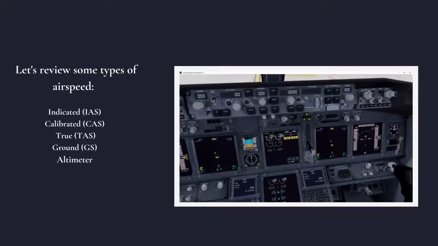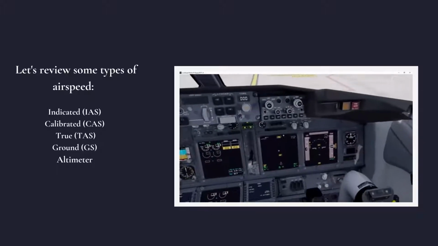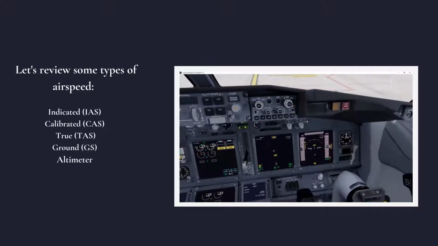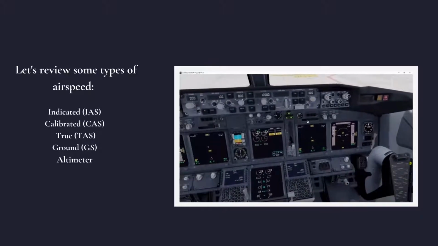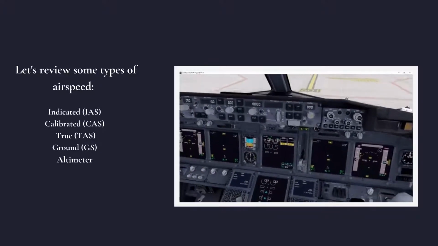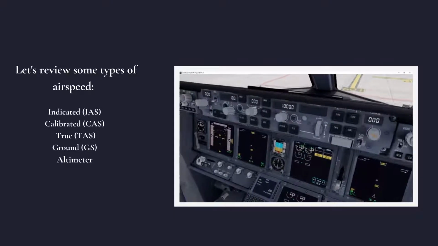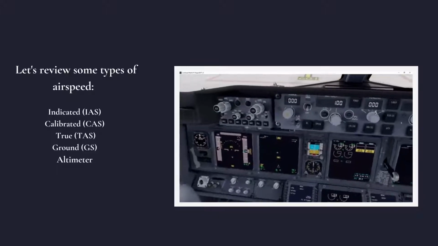This error is generally higher at lower speeds, usually given in the correction tables in the POH of our aircraft. Equivalent airspeed, EAS. Calibrated speed corrected for compressibility. True airspeed, TAS, is corrected for temperature and air density. Remember that at high altitudes the density decreases.